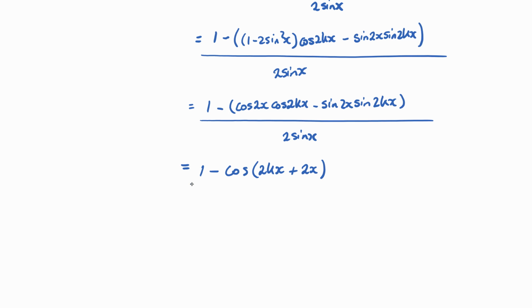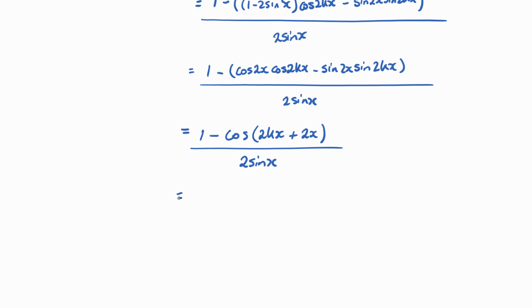Yes, that's right. Over 2 sine x, which is also equal to 1 minus cos of 2 at the front of k plus 1 x over 2 sine x, and that's actually it.